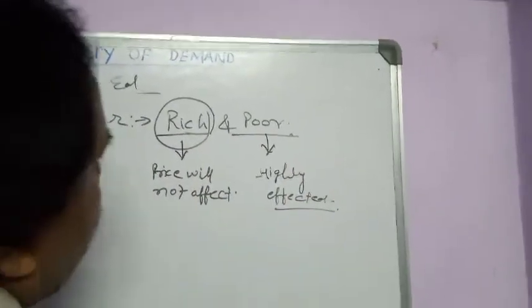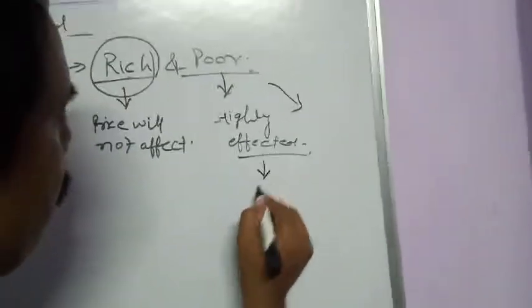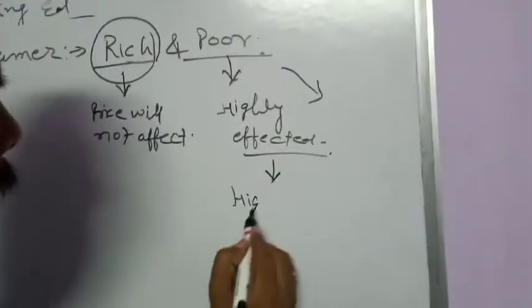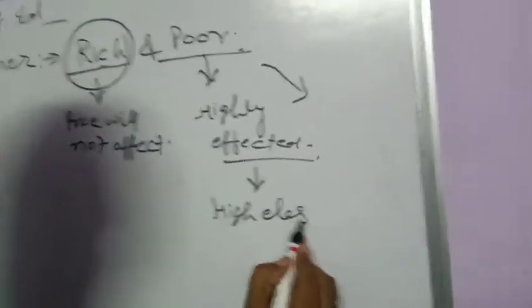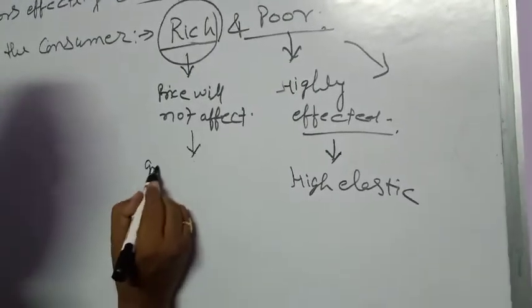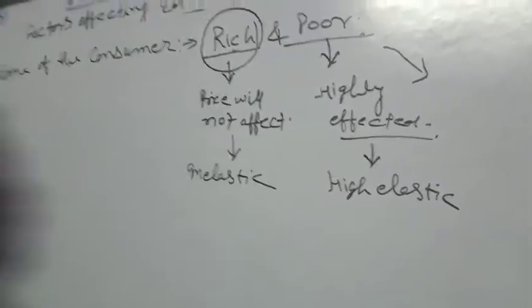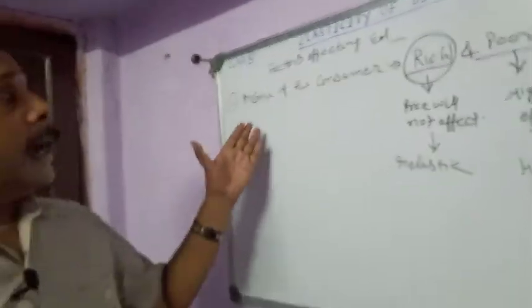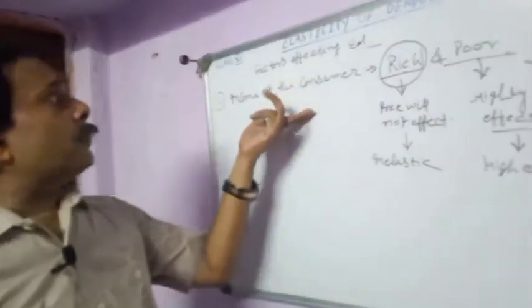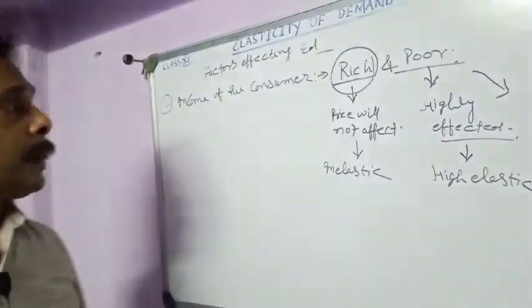So here it is highly elastic. So it will come under highly elastic, and the other will come under inelastic. So we can explain that income of the consumer also affects the elasticity of demand.